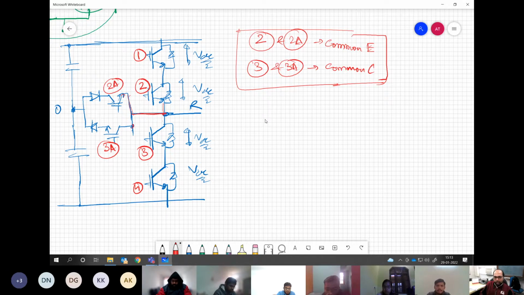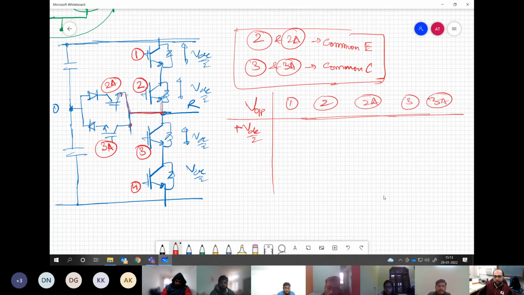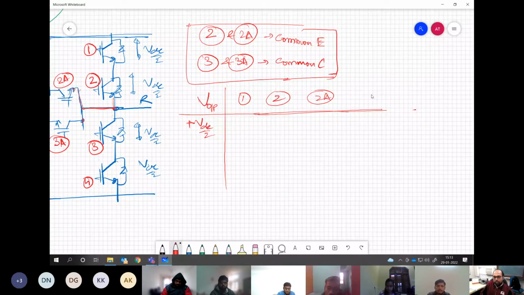So now let us say we have the output voltage to be generated as plus VDC by 2. So what will happen to devices 1, 2, 2A, 3A, 3 and 4?